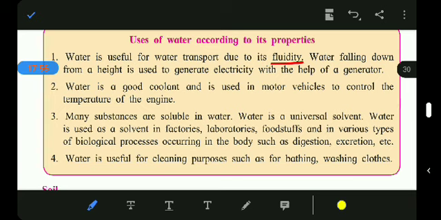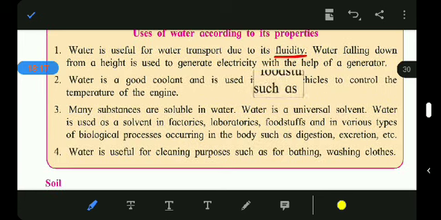Water always flows from the higher level to the lower level, from the top position, that is from the height or from the hill, and the water flows more forcefully. Because of that, by using that energy, we generate electricity with the help of a generator.